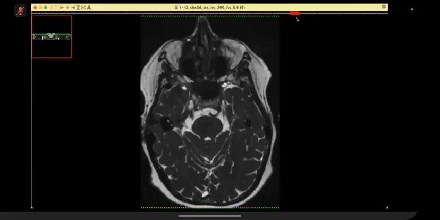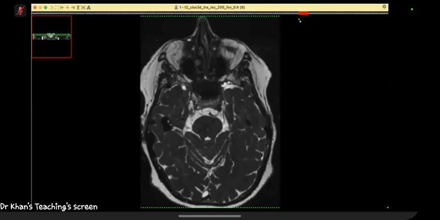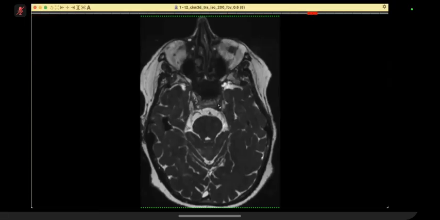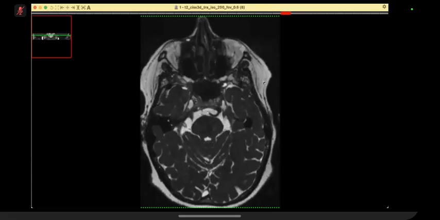And this vascular structure appears to be exerting some compression on the trigeminal nerve at the Meckel's cave. Let me scroll for you. Let me, you leave the mouse. Sure.